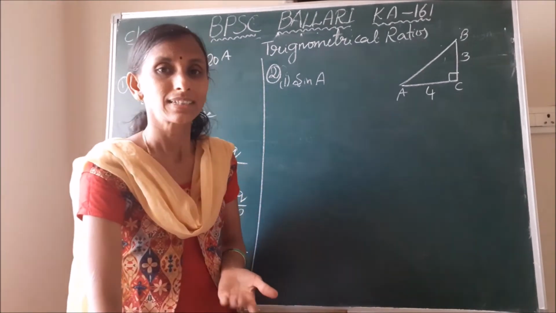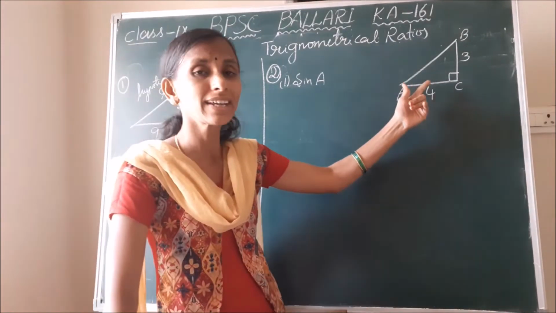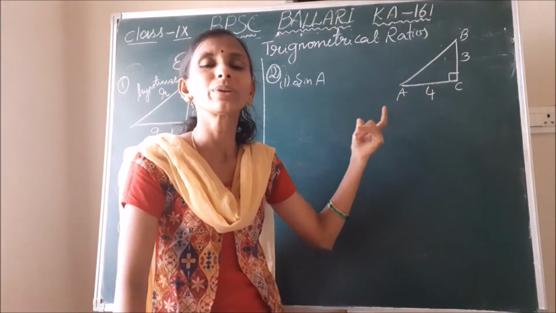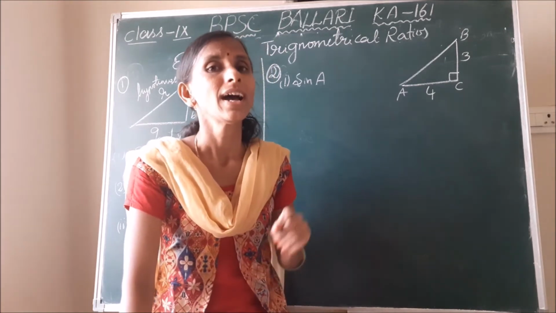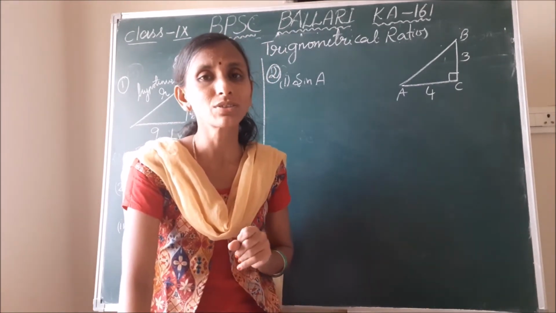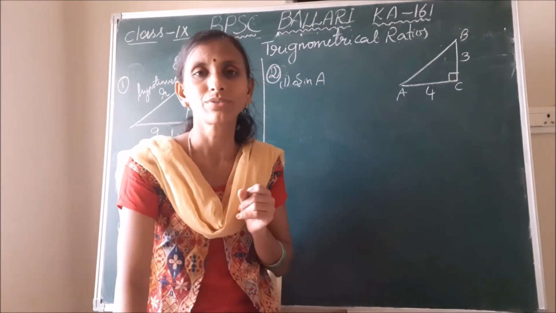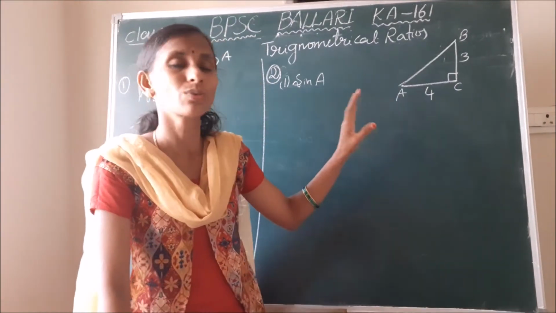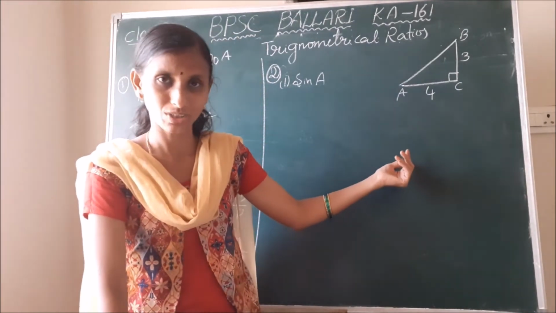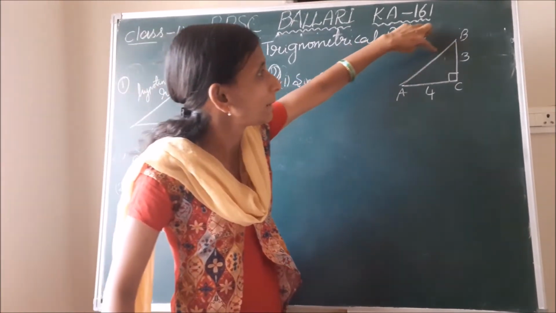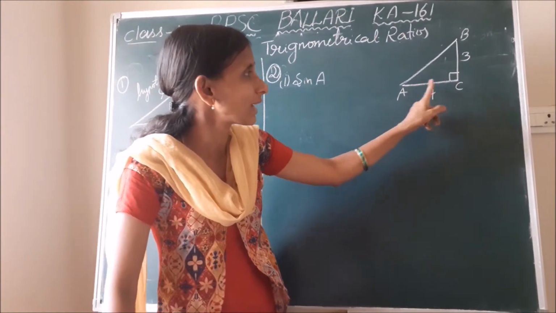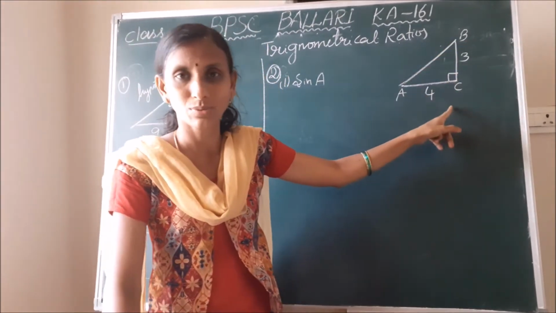How to find that? This is a right angled triangle, so we can apply the Pythagoras theorem. Pythagoras theorem means what? Hypotenuse square is equal to the sum of the squares of the remaining two sides. So according to this figure, AB square is equal to AC square plus BC square.